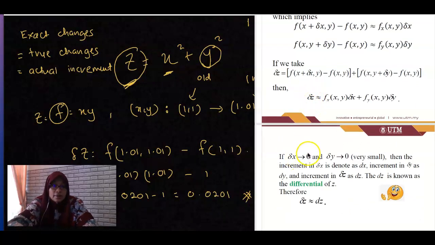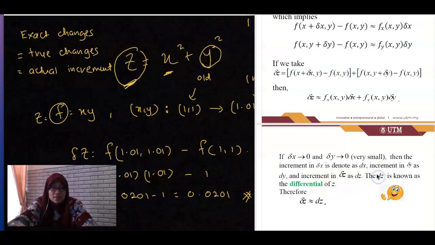Now if delta x and delta y are very, very small, then the increment delta x is denoted by dx. So we assume that delta x becomes dx while delta y becomes dy. So delta z becomes dz. From delta to be d, we call that the differential of z.